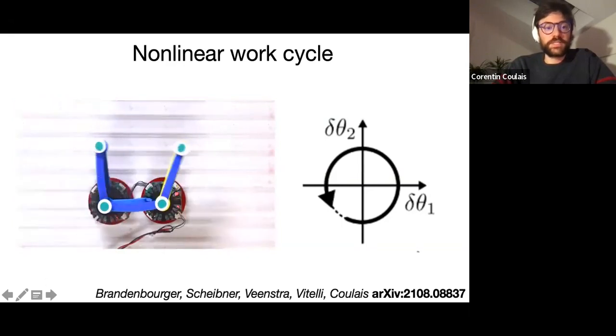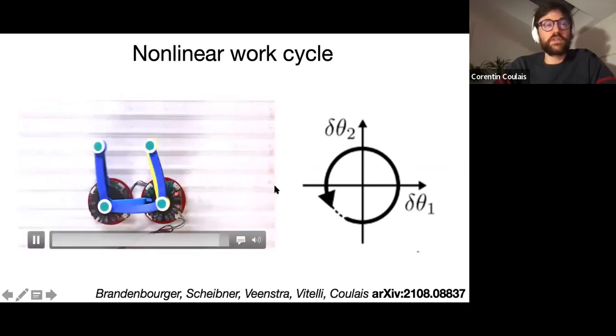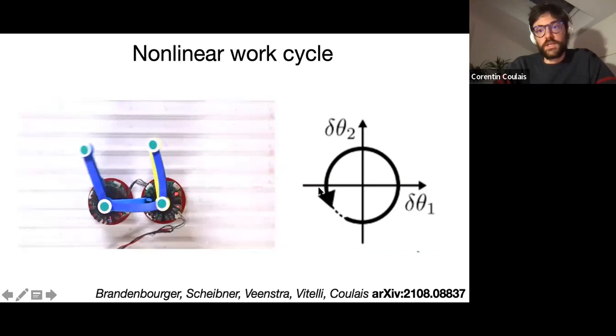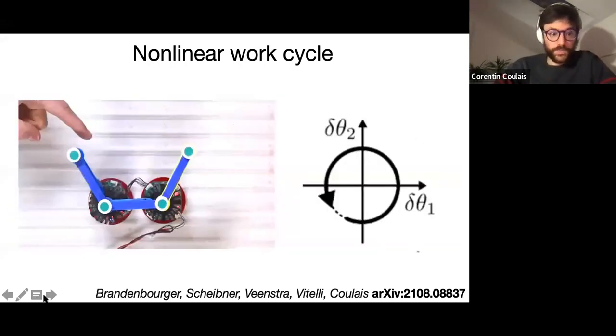Your modes can grow, and if your mode grows, eventually it's going to be saturated by nonlinearities, and you will have limit cycles. Here, for instance, if you have these 2 degrees of freedom in this Purcell particle, this limit cycle will correspond to work. The area enclosed by these 2 degrees of freedom will correspond to work that you do.